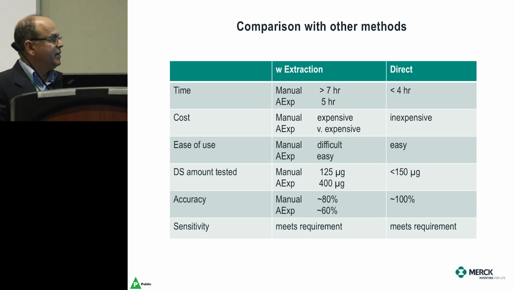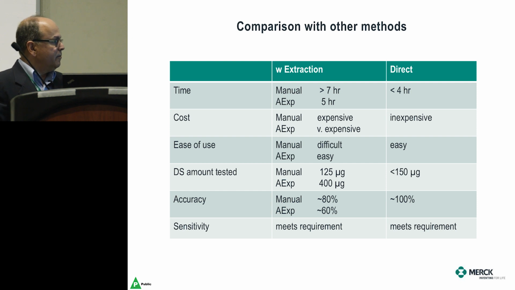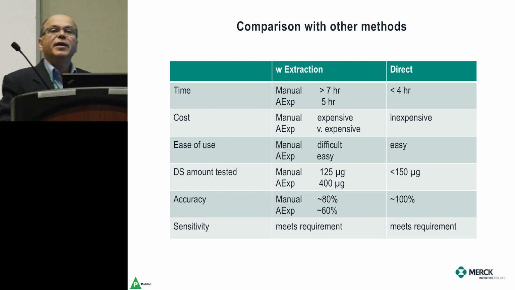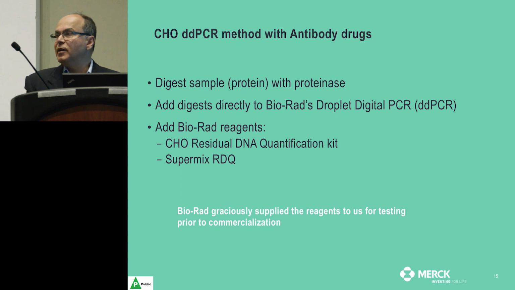But the accuracy is close to 100%. And this is truly 100% because it falls on both sides of 100. And sensitivity meets requirement. What we did next was try this method in a digital PCR, but our primer probes really didn't work.